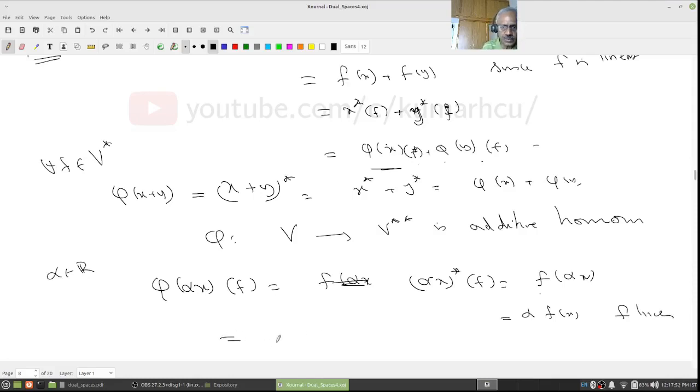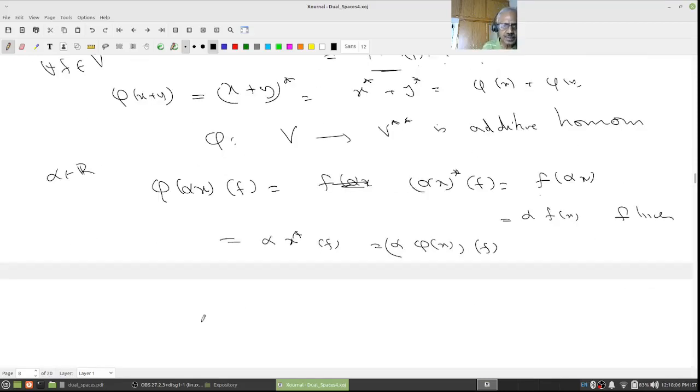But that is equal to alpha into x star of f, that is alpha into phi of x, the whole thing acting on f, right? Therefore phi of alpha x equals alpha times phi of x.